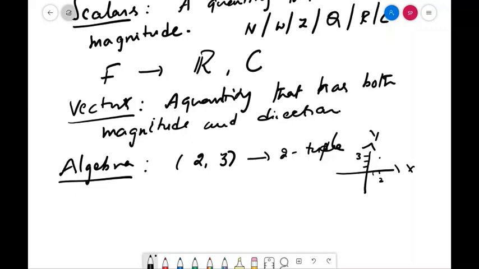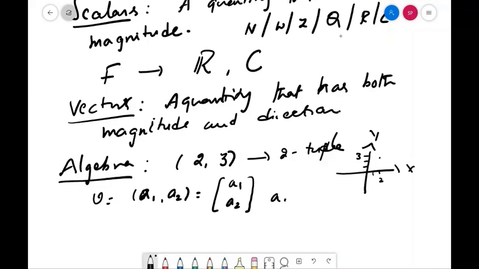So in general, I can take a vector v here as (a1, a2), which I can even write as a column vector. And these a1 and a2 are taken from the field.